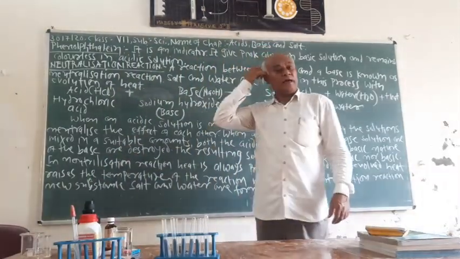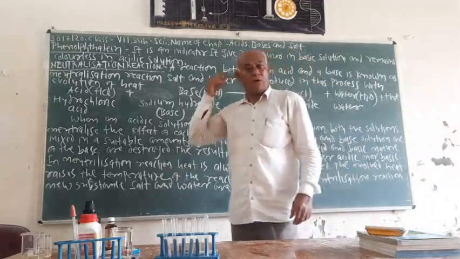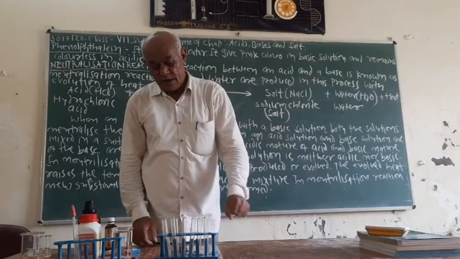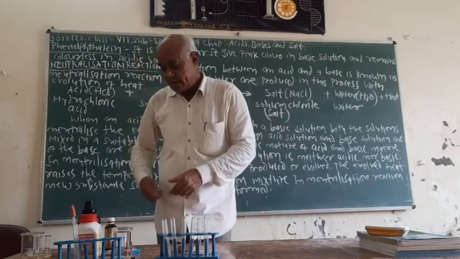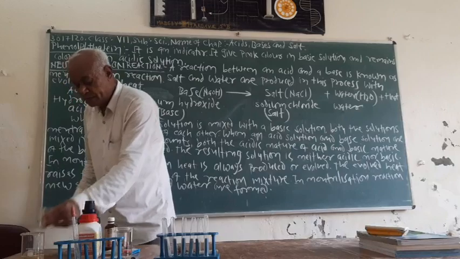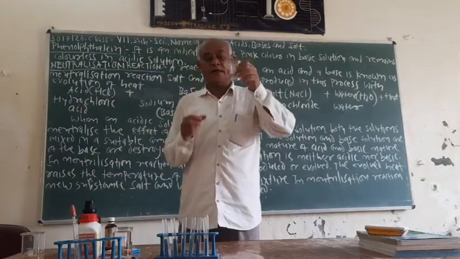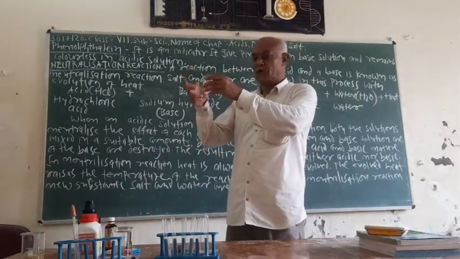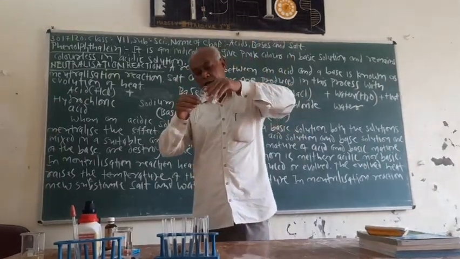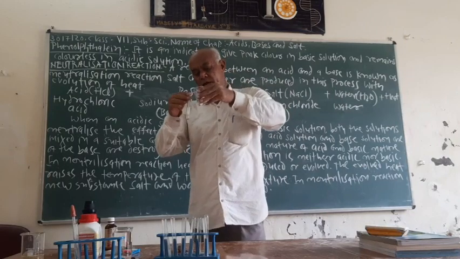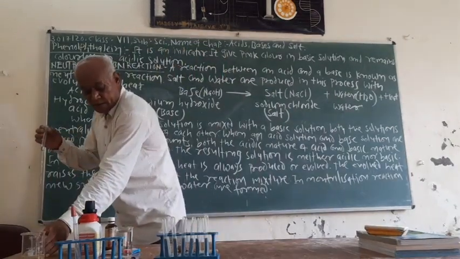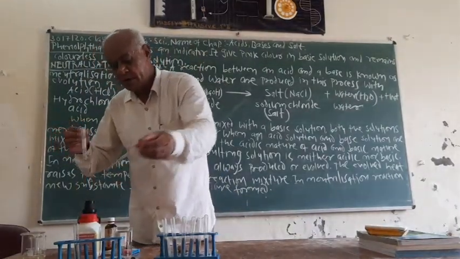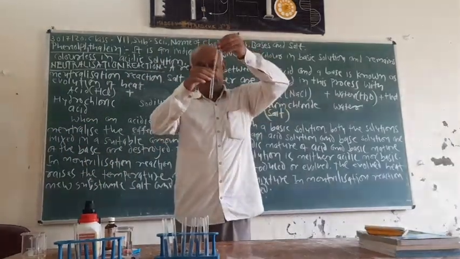colorless in acid if we put a drop of phenolphthalein solution in an acid. Suppose I put some acid. This is hydrochloric acid in a small beaker. I take some hydrochloric acid in a test tube and put a drop of phenolphthalein solution in it.